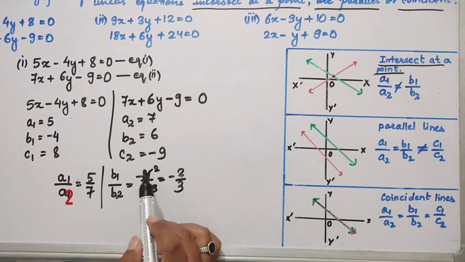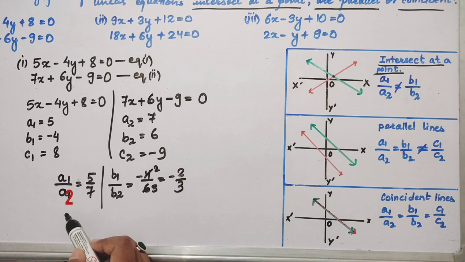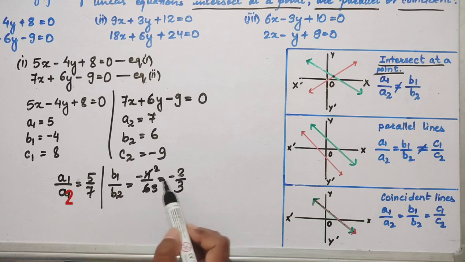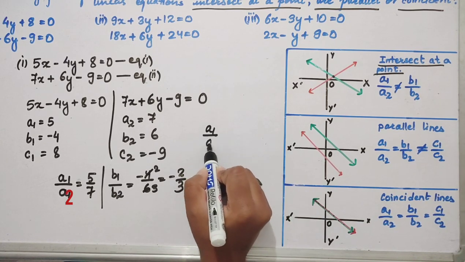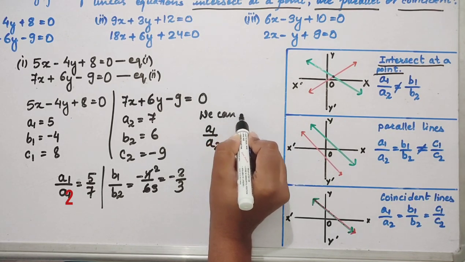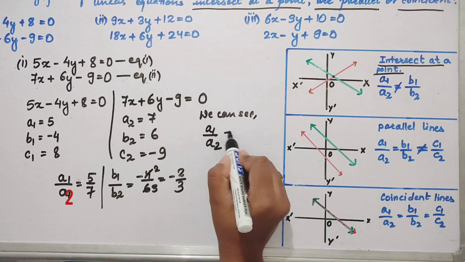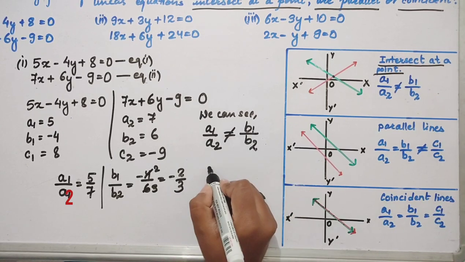Here we don't have to go to the next step c1 by c2, because we can see over here that a1 by a2, 5 by 7, is not equals to b1 by b2, which is minus 2 by 3. That means a1 by a2 is not equals to b1 by b2.